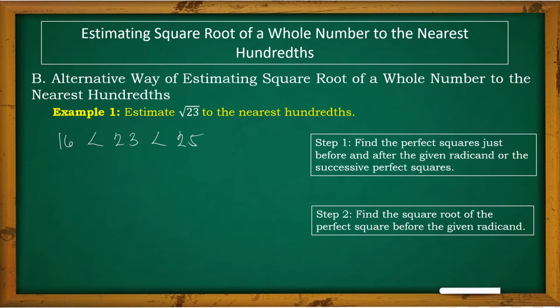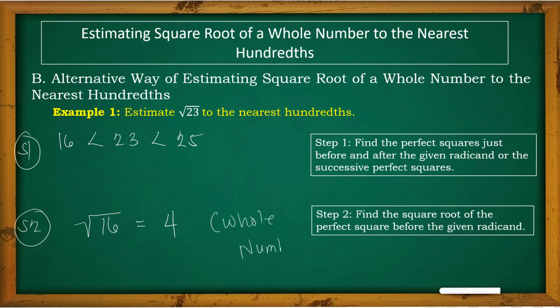So, yun yung step 1 natin. Ang step 2 natin para sa whole number natin, ang sabi dito, find the square root of the perfect square before. So, sino yung before niya? Ayun, yung nasa unahan niya, which is 16. So, lalagay natin, square root of 16 is equal to 4. So, yung 4, siya yung magiging whole number sa ating sagot mamaya. Okay?